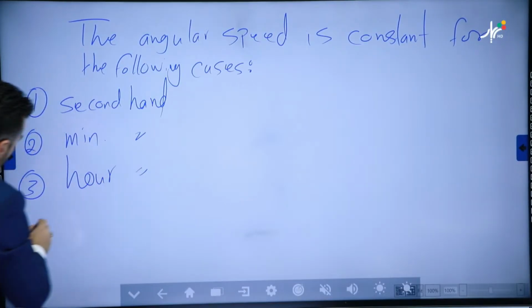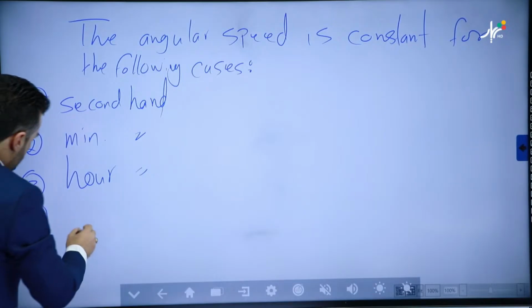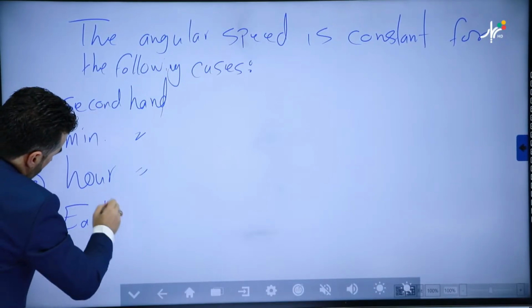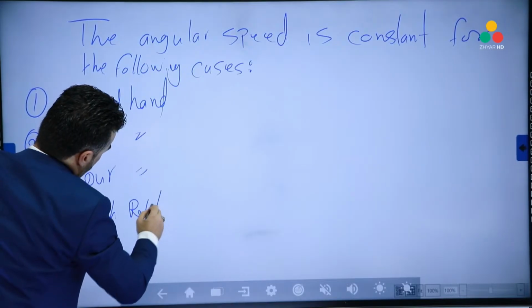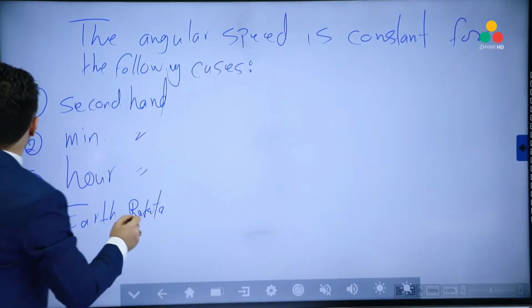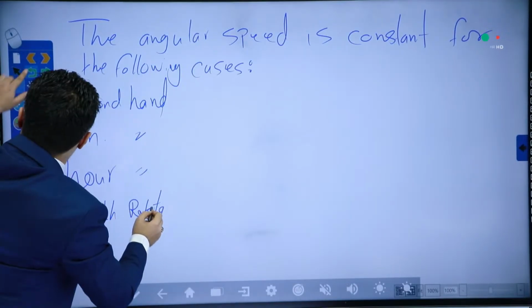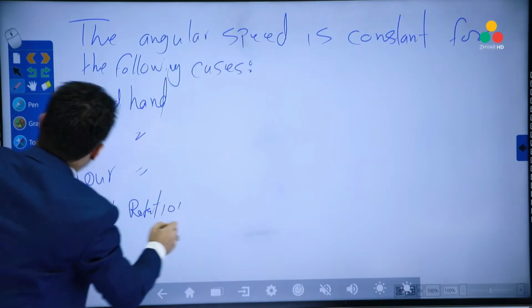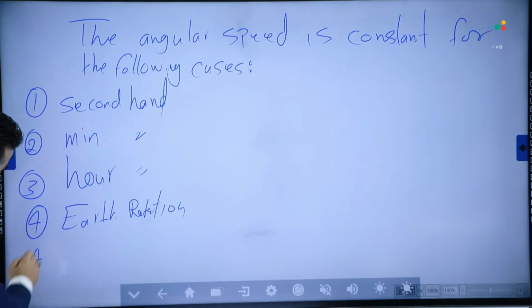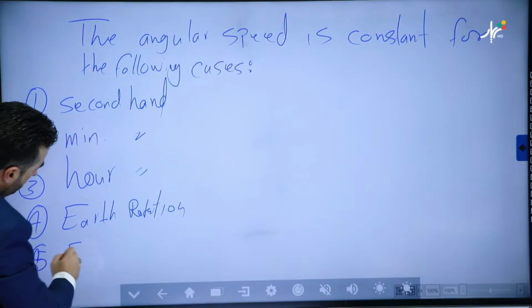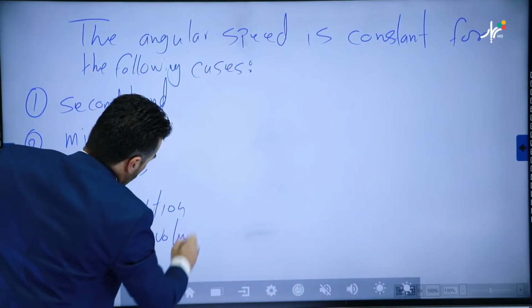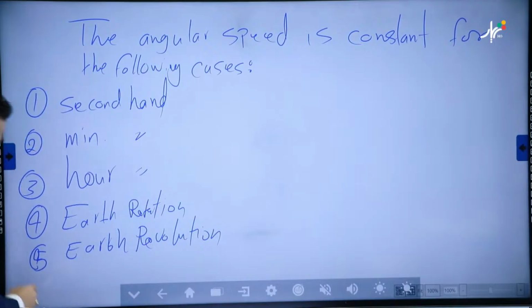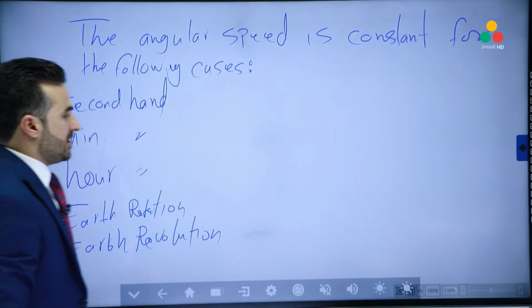The fourth one is Earth's rotation. The fifth one is Earth's revolution. And of course we can say the Moon's revolution as well.